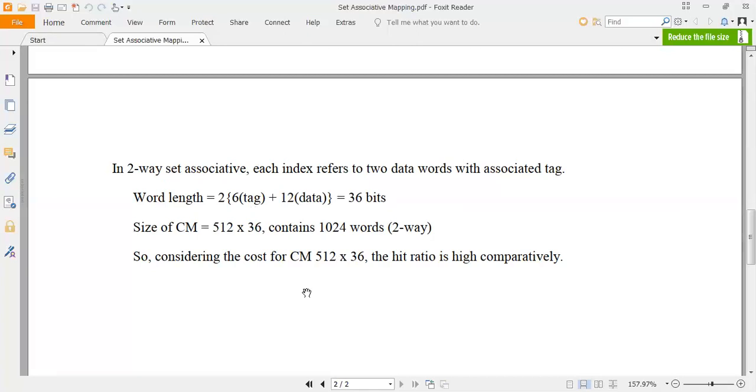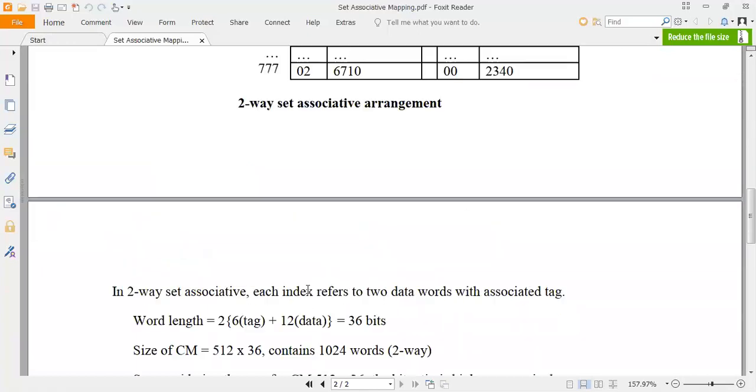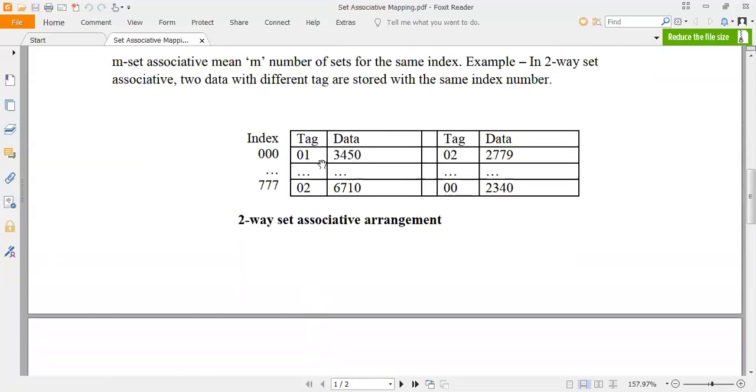It can be 3-way set associative, it can be 4-way set associative. This is the example I have written for 2-way set associative. This way the representation is there for each index, and the data are stored with different tags.